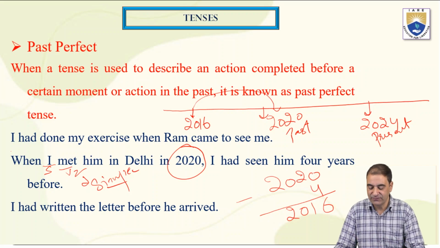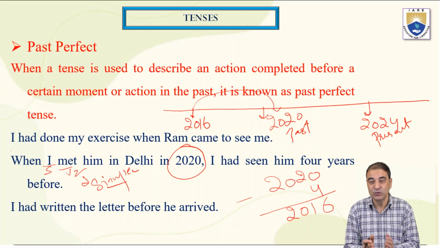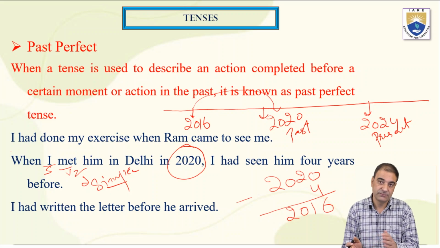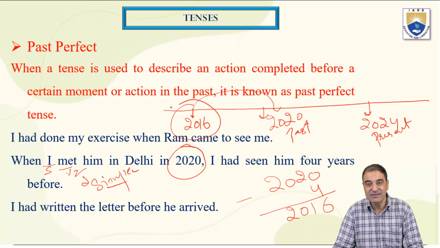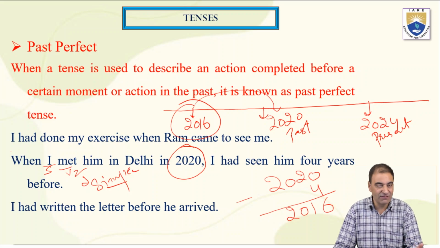Now look at the second one. I had seen him 4 years before. That means 4 years before 2020, which means 2016. That means the first time I had seen him was in 2016. And then I met him in 2020 again. Therefore, for the first one, 2016, I have to use past perfect tense.